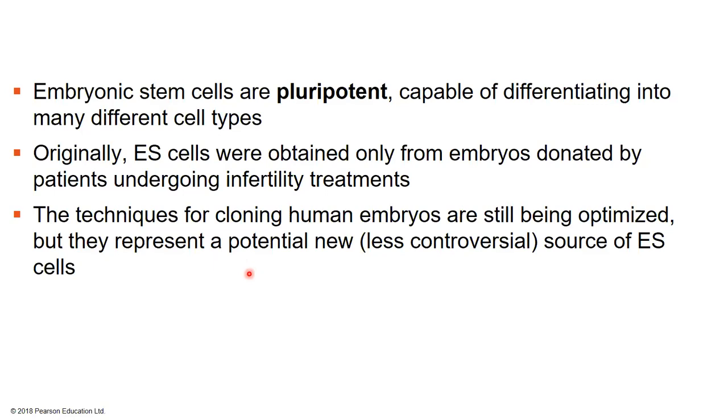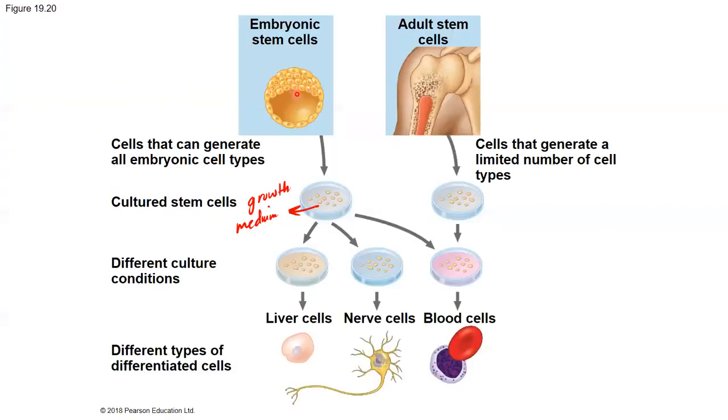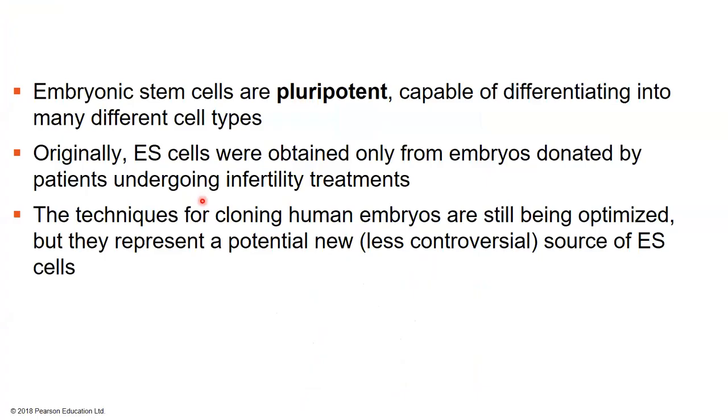Of course, there have been some concerns or debates regarding the use of embryonic stem cells in research, because you have to understand that embryonic stem cells are taken from embryos, and typically these are embryos that were generated during the IVF, the in vitro fertilization procedure, and they are no longer needed.